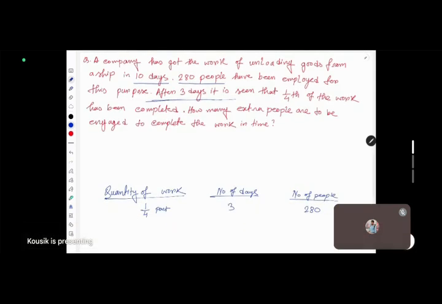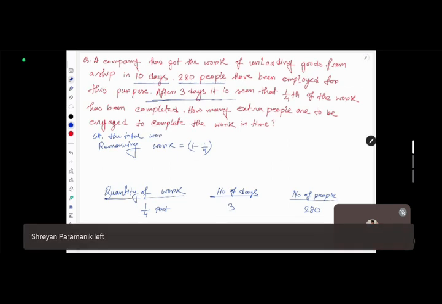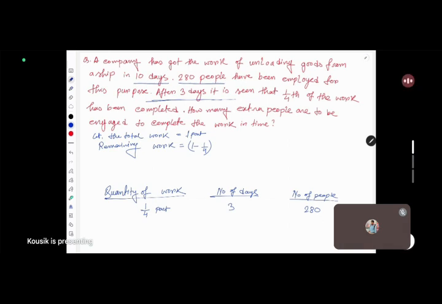Okay, but the remaining work is equal to 1 minus 1/4, because let the total work be one part. So if the total work is one part, then remaining work is equal to 3/4 part, and they have to complete the remaining work, তাই তো?